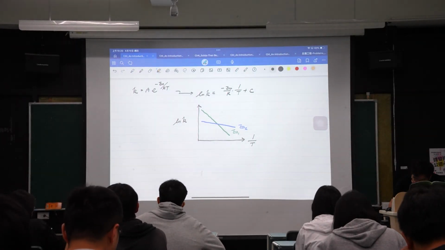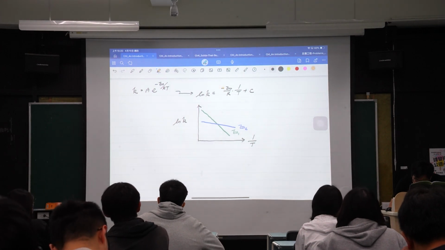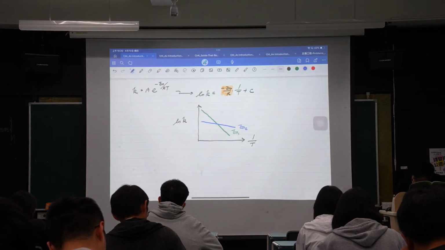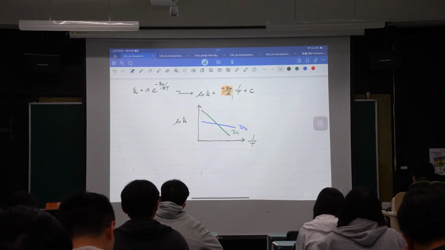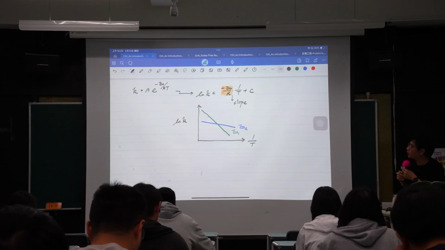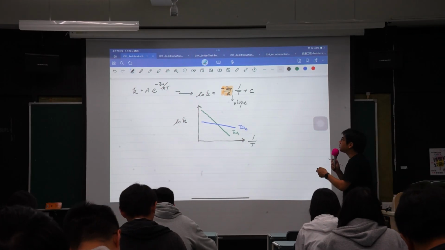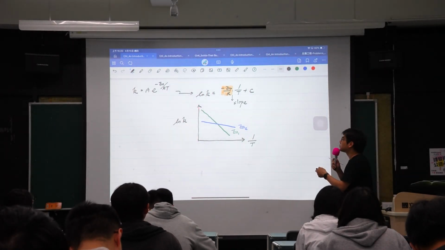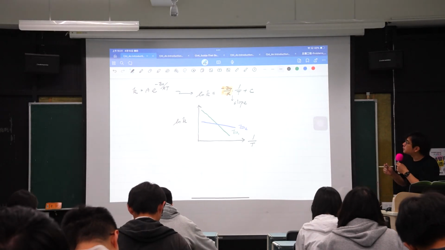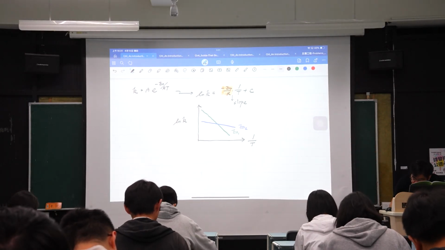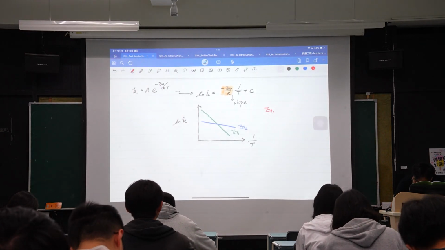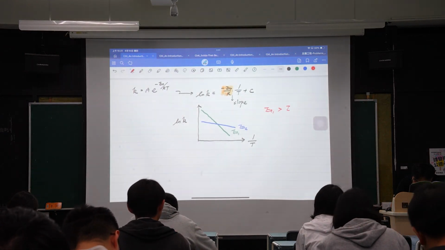Slope is here. Okay, this is the slope. So with a higher slope, you have higher activation energy. So from these two curves, you can conclude that Ea1 is larger than Ea2.